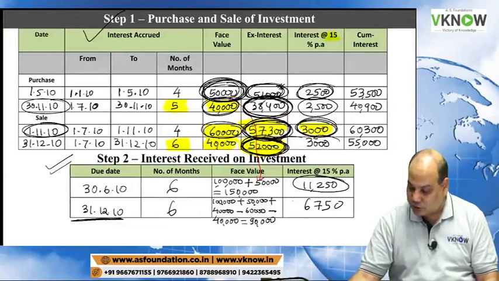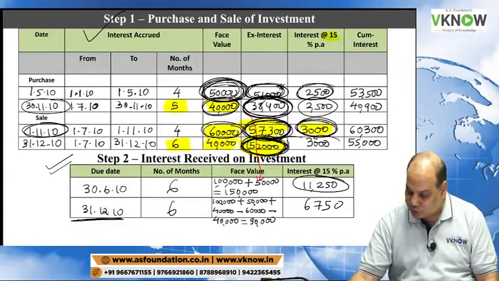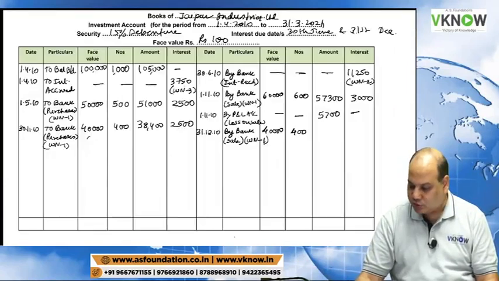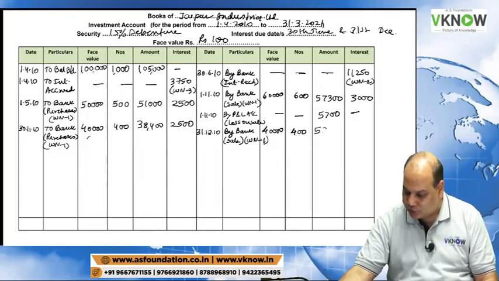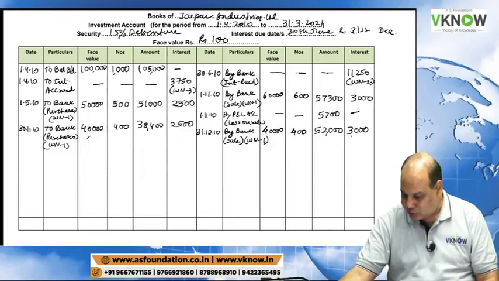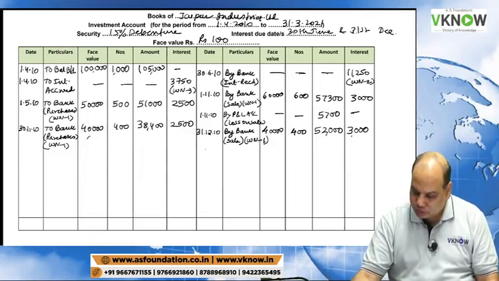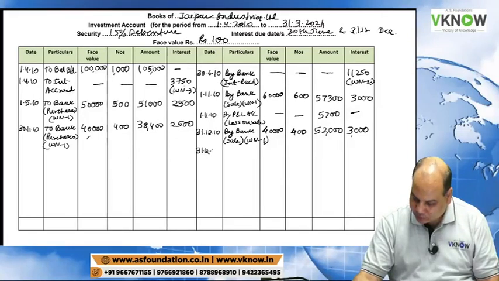And then if you see on the screen, 52,000 and 3,000. So write down 52,000 in the amount column, ex interest amount, and 3,000 here. On 31/12/10, by bank, interest received.